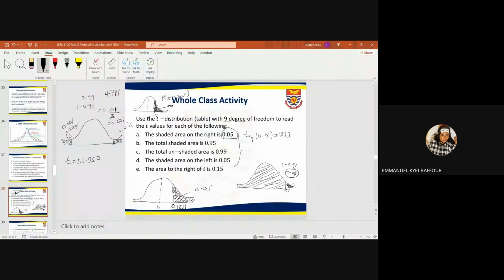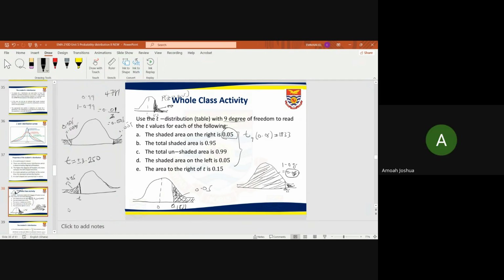And then the D part is talking about the shaded area on the left is 0.05. So if you have your distribution as this, and then the shaded part on the left is 0.05, then what will be the T value that corresponds to this?